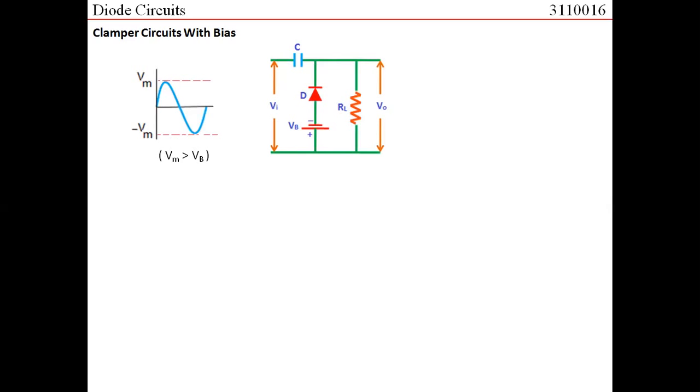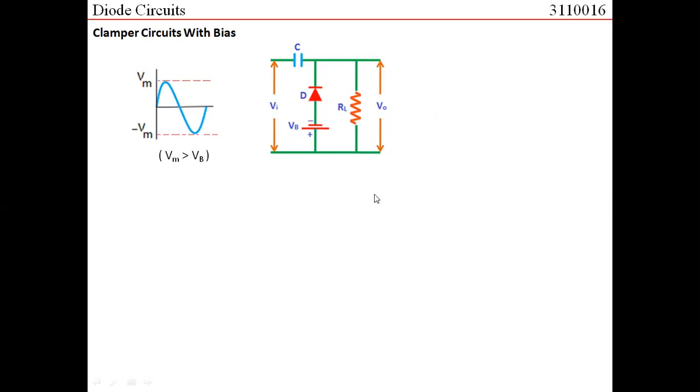But now, along with this diode, I do have a battery, a DC source with this particular polarity. Let us say that the DC source is equal to Vb, and here we assume that this Vb is less than Vm. What is Vm? Vm is my peak input voltage, right? We are supposed to find the output voltage. When analyzing this, we should keep in mind that this is basically a positive clamper.